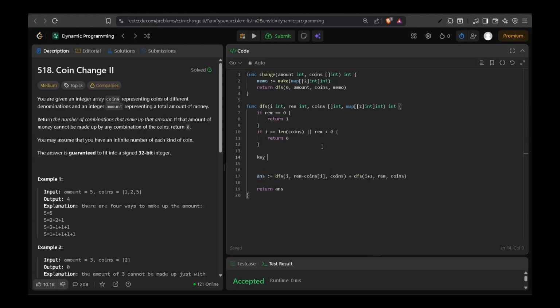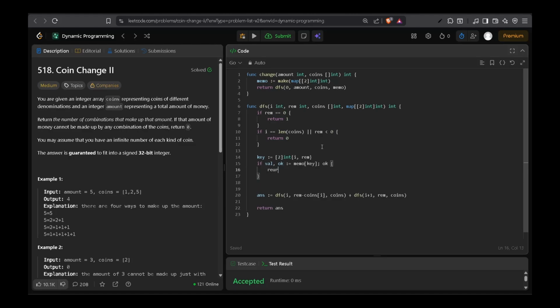So key equal to I comma remaining, right? And we'll check if val, okay, memo of key. If the answer already exists, then we'll return val, otherwise we'll store the answer, right?